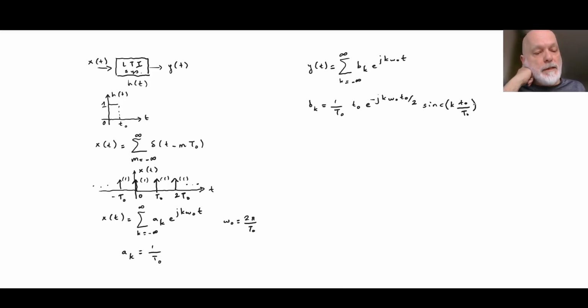What was the approach in obtaining b_k? The first term here is a_k, and the second term is obtained by means of the system action of the LTI system when the input is chosen as the complex exponential signal e to j k omega 0 t.